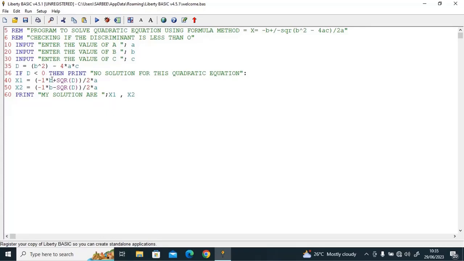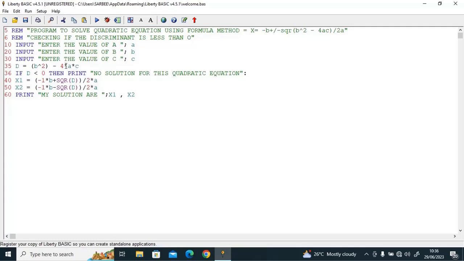It should not print this. I don't like what this thing is giving us. B squared minus 4ac. We must solve this together. There's an error in this particular code.